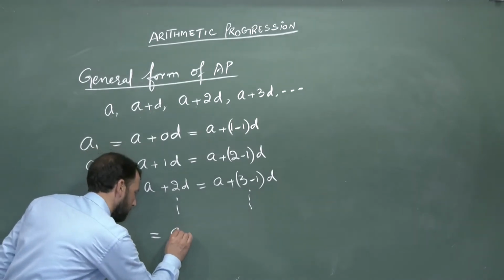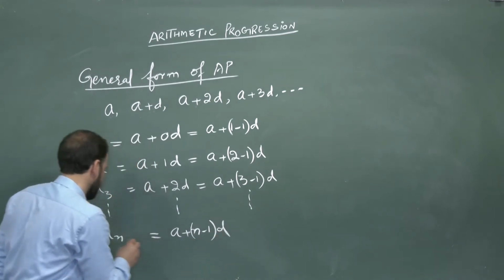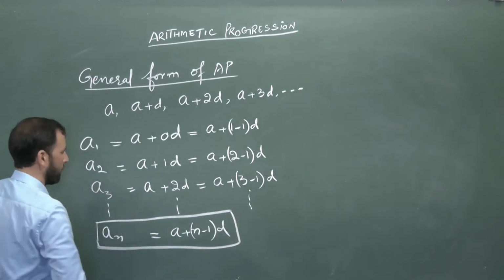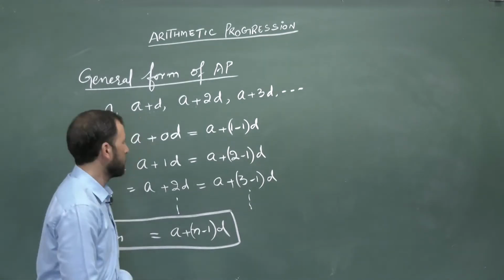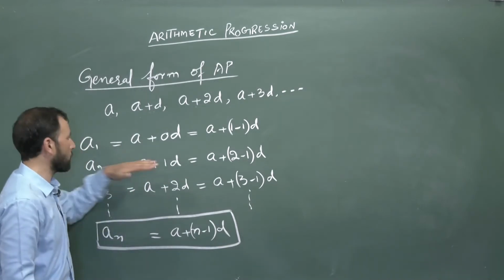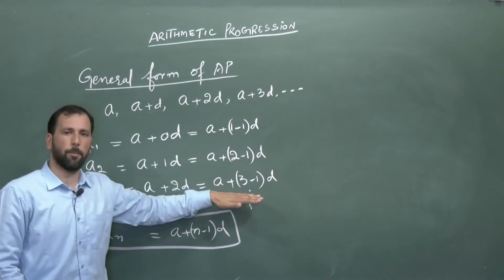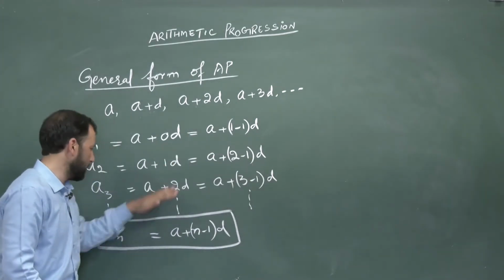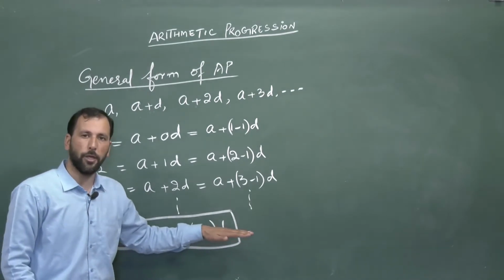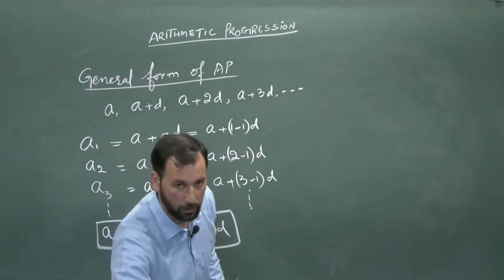And this is known as the general term of an arithmetic progression. So a1 can be written as a plus 1 minus 1 into d, then a2 as a plus 2 minus 1 into d, a3 as a plus 3 minus 1 into d. And in general, an can be written as a plus n minus 1 into d. And this is known as the general term of an arithmetic progression.